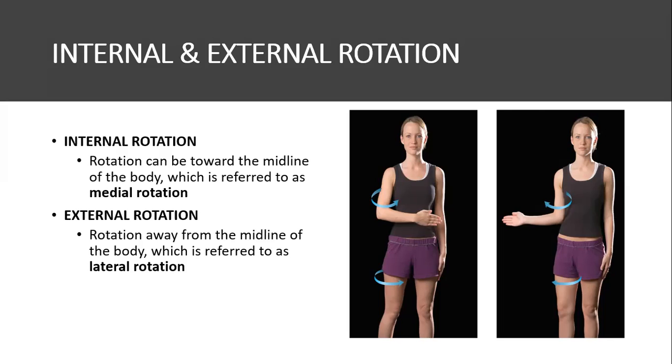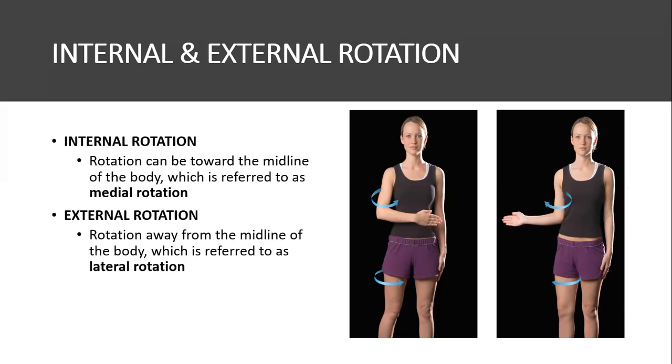This is external rotation, where the rotation is going away from the midline of the body. It's also known as lateral rotation. So the arm is going out laterally. Internal and medial rotation are the same.